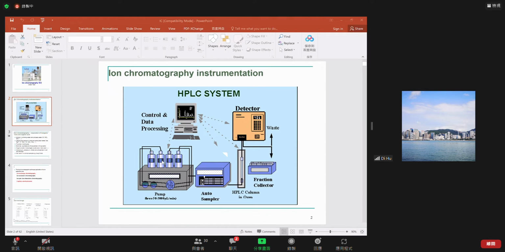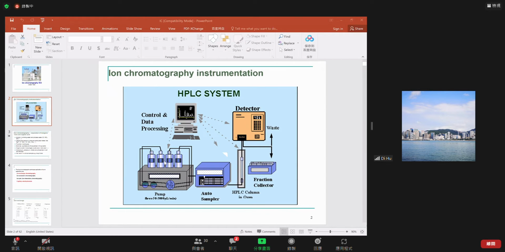For that, the mobile phase reservoir bottle should be a plastic bottle, not a glass bottle, because sodium hydroxide can dissolve silica in the glass, right? So that's why you have to use a plastic bottle.